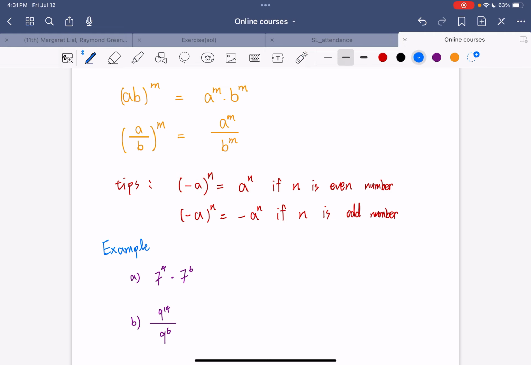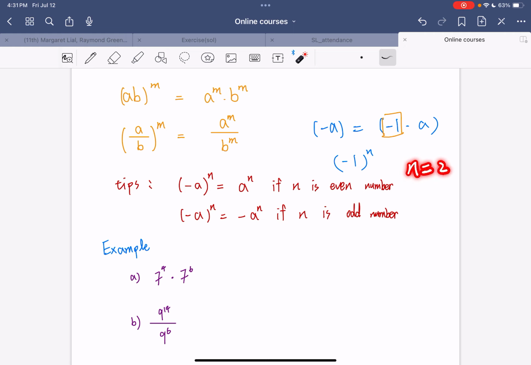The reason is, let's see this. You just consider this as minus 1 times a. So let's focus on the minus 1 part. Minus 1 to the n, and if n is an even number, then you got an even number of negative 1s multiplied together, then you got a positive 1.